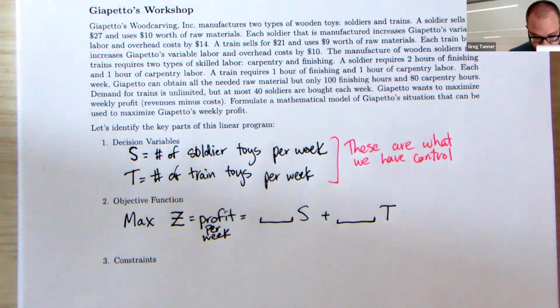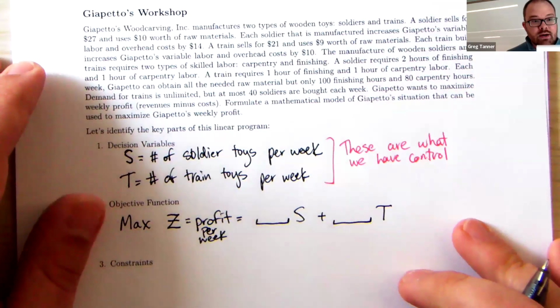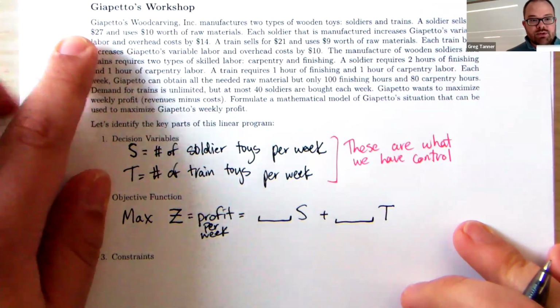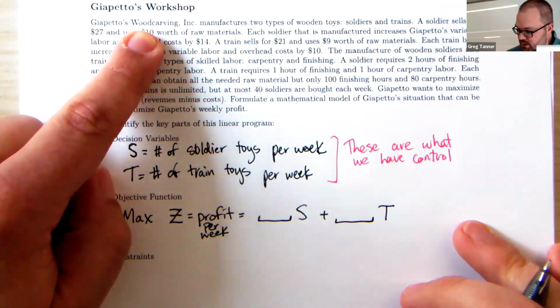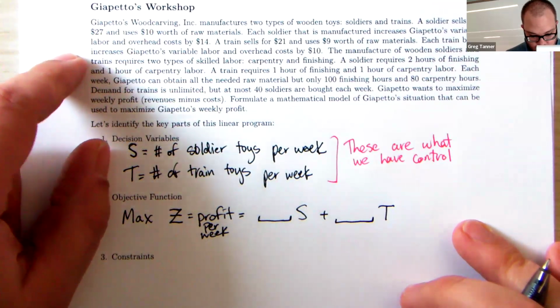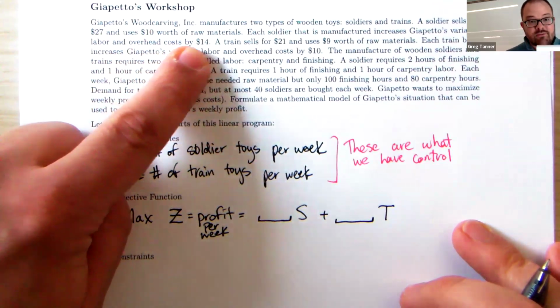So what is this constant? Well, if we look at the scenario, each soldier sells for $27, but uses $10 worth of raw material, and we also have an overhead labor cost of $14.